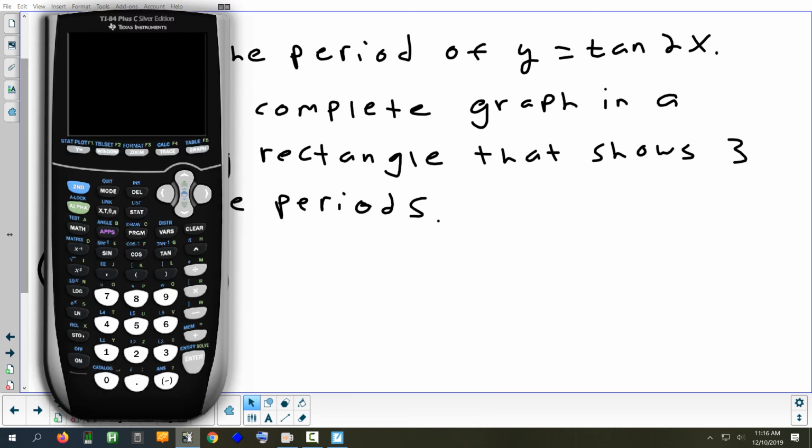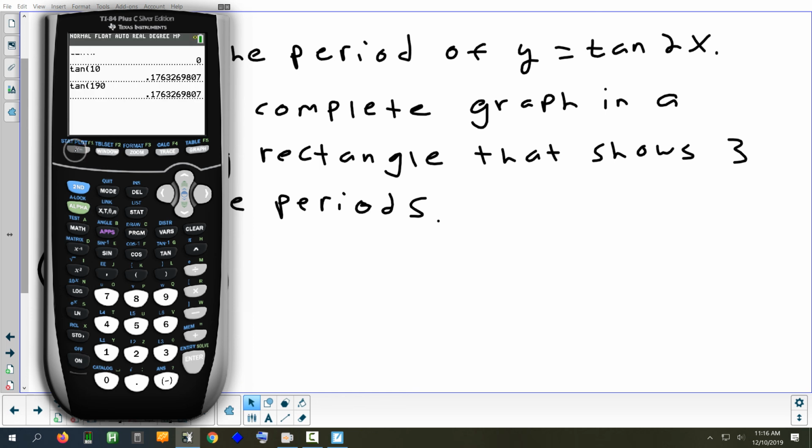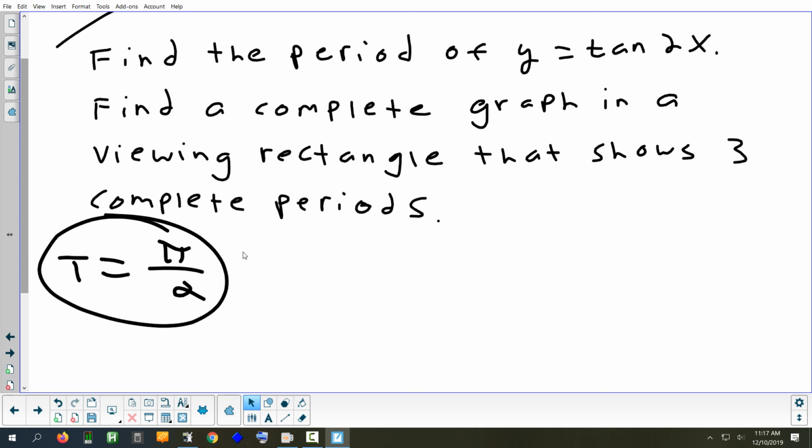Find a complete graph that shows 3 cycles. Now, there's a lot of ways to do it. It would be nice if we don't cut a cycle off, so we could have 3 nice connected curves. If you have half of a curve and half of a curve and then 2 full ones, technically a half and a half is 1, but if we can, we try not to do that. So, my period for this graph is pi over 2.